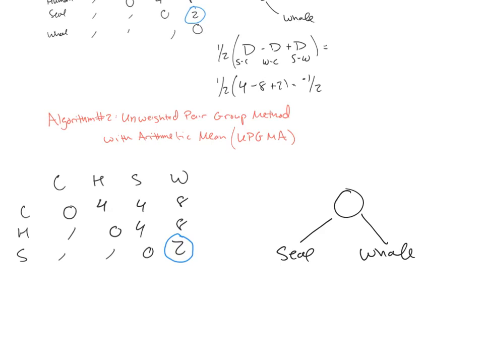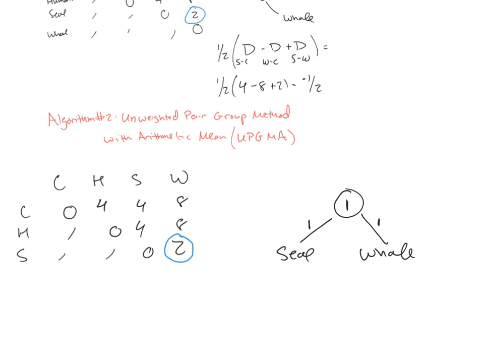So this must have a distance of 1 from the leaves. If this node has a distance of 1 from all the leaves, then this length must be 1 and this length must be 1. And that works, right? Because we said that seal is 2 away from whale, and here seal is 2 away from whale.